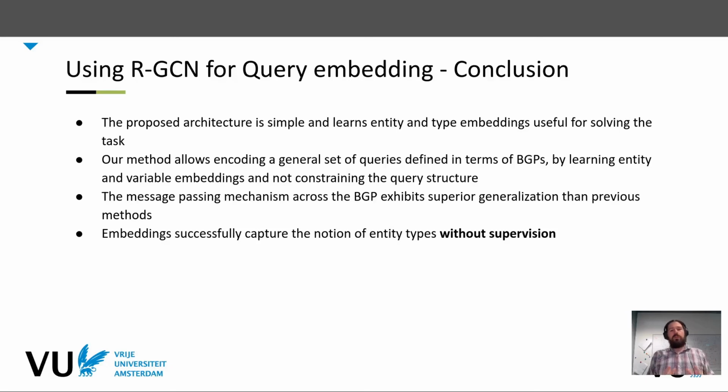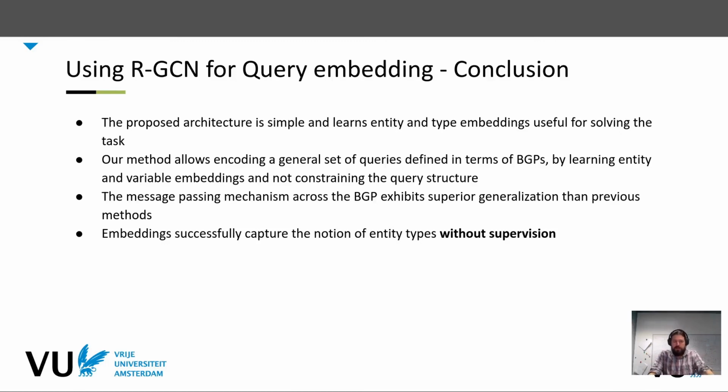So in conclusion, what we have is an architecture based on RGCNs, the thing which we saw before. It's rather simple. It can learn entity and type embeddings, which are useful for solving the task of query answering. Then it can basically solve questions for any BGP, meaning these kinds of graph-shaped queries.